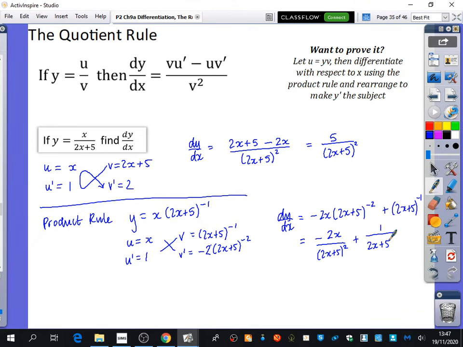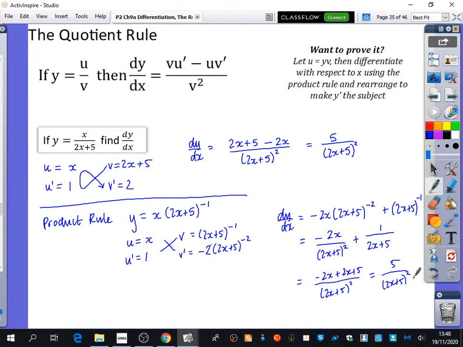Good. I'm going to add them by making a common denominator, which means I need to multiply the top and bottom here by 2x plus 5. So the common denominator would be 2x plus 5 squared. We would have minus 2x, and then this bit would be a 2x plus 5. The 2x's cancel, and you do get 5 over 2x plus 5 squared.